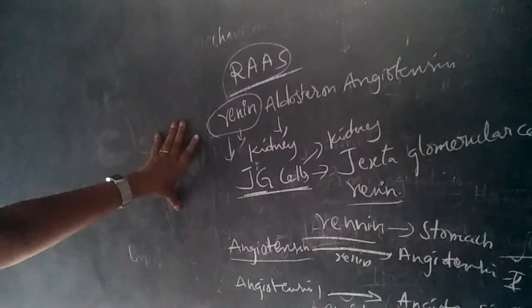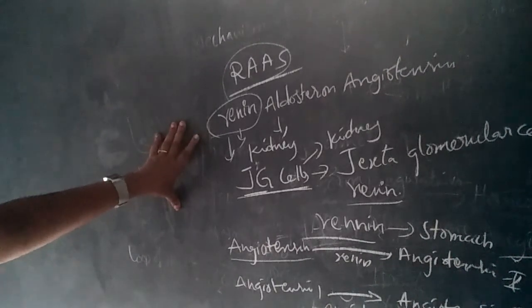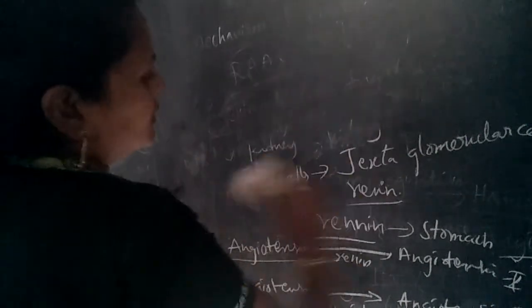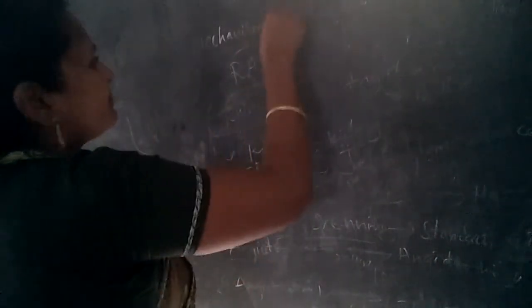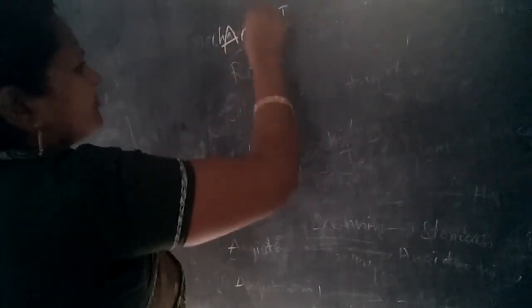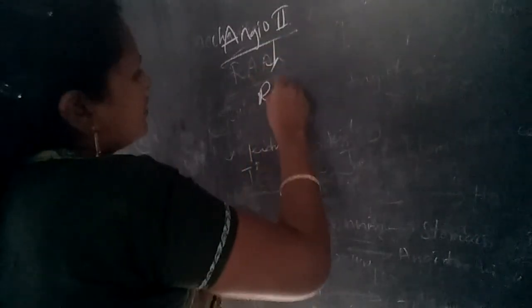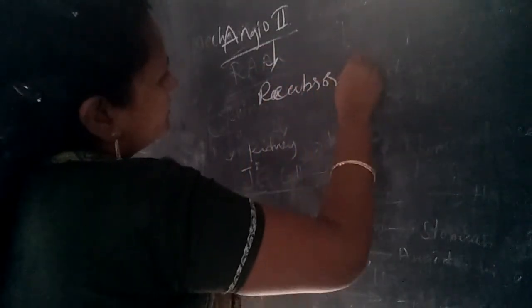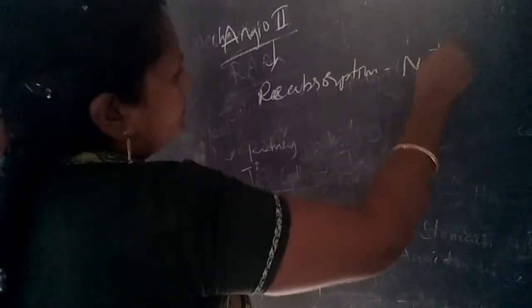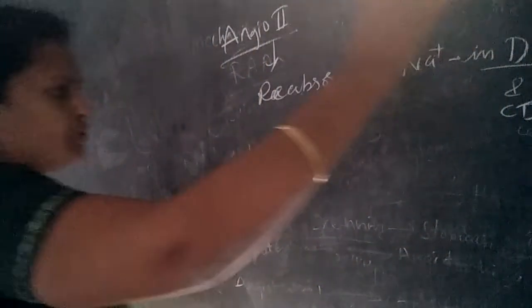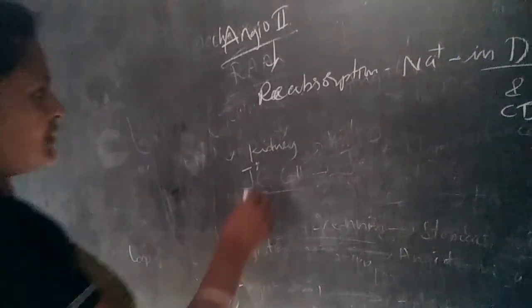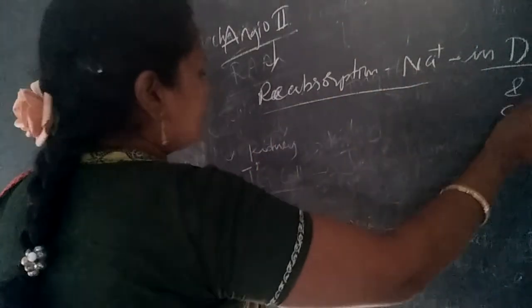Angiotensin 2 causes the reabsorption of sodium and water from the DCT and CD, the distal convoluted tubule and collecting duct, and secretion of potassium ions into the DCT and CD.